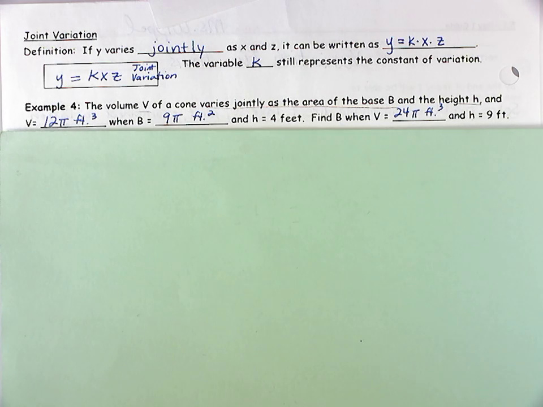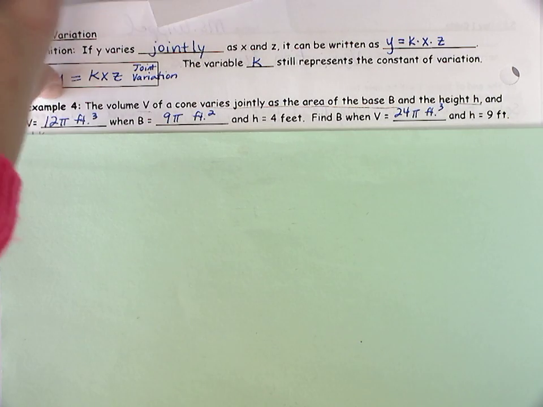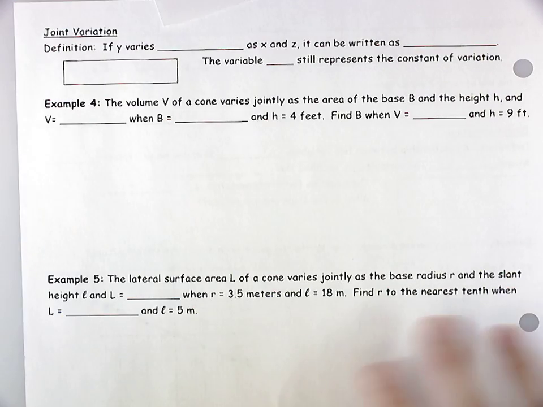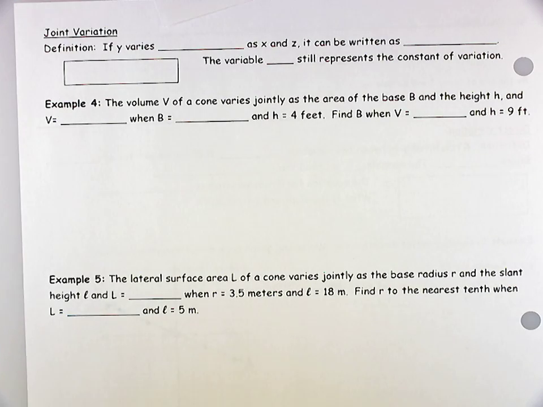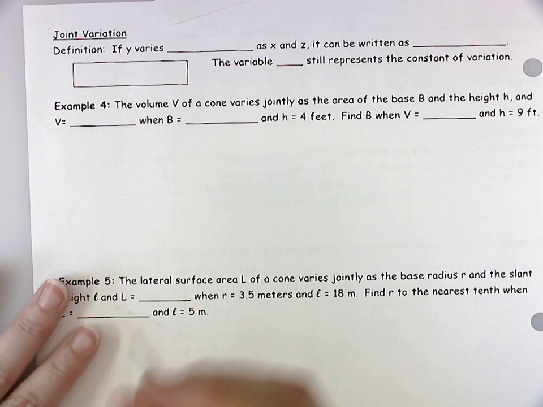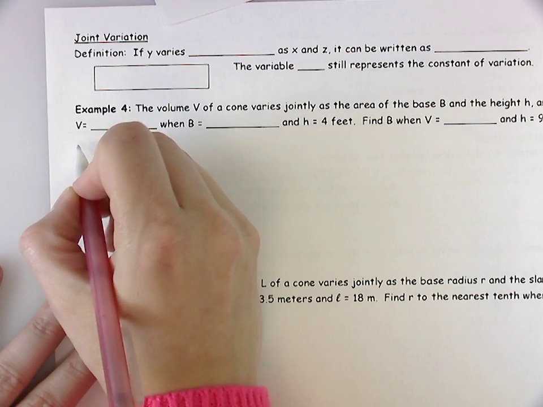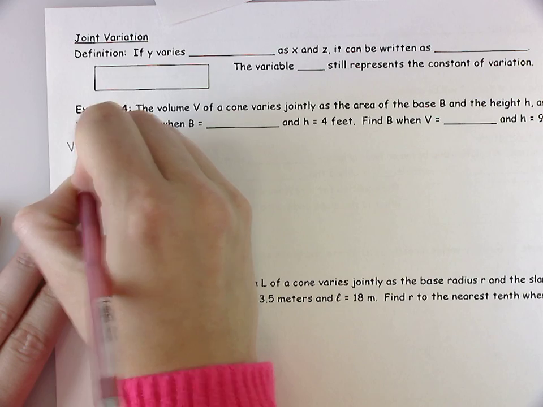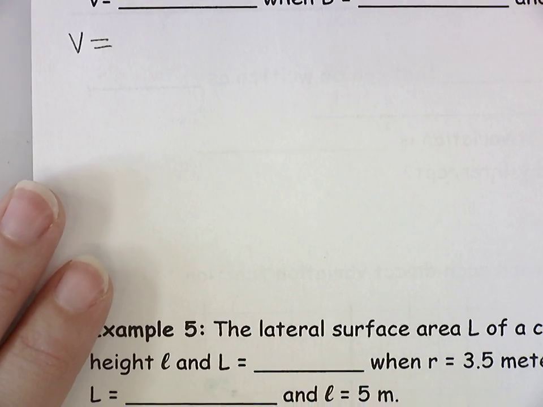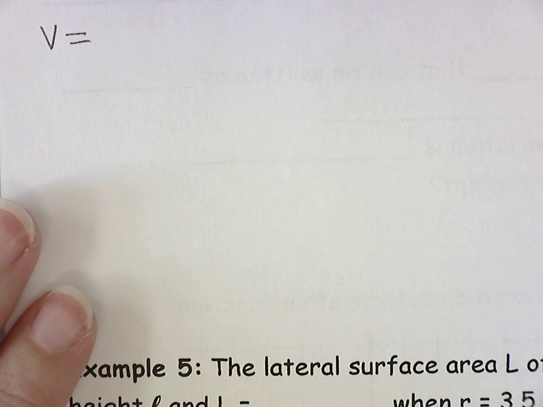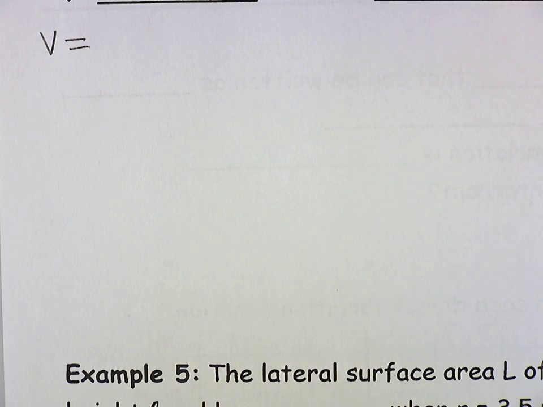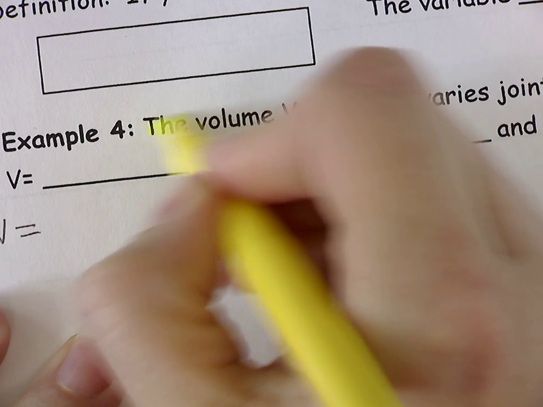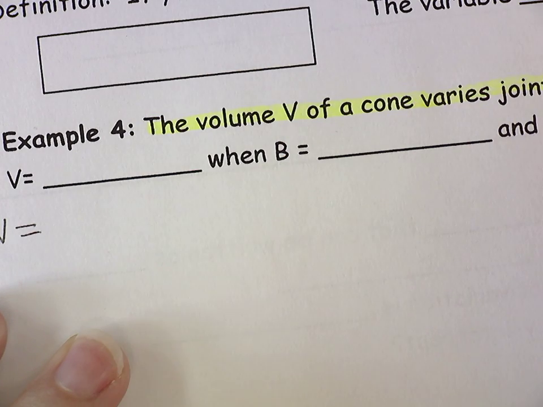All right, let's do this one step at a time. What are we going to find first? Okay, let's write our equation. The volume V of a cone varies jointly as the area of the base B and the height h.